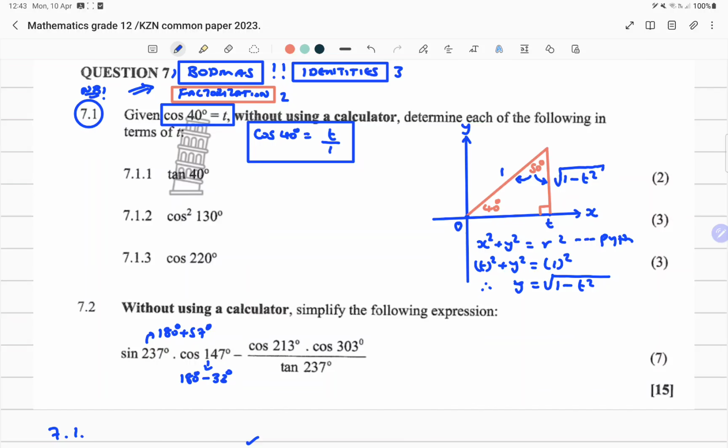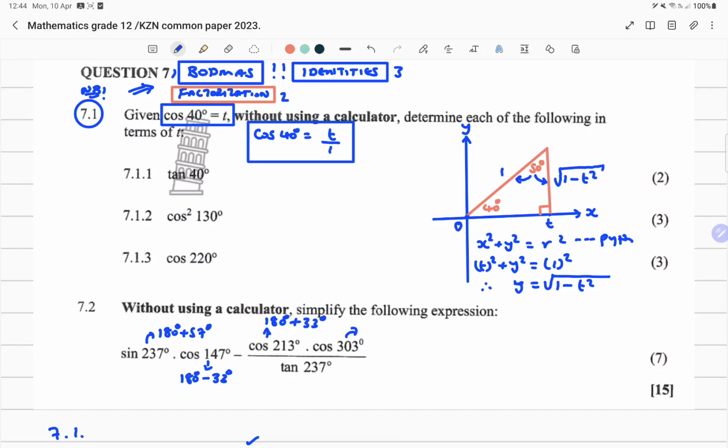213, how is it related to this? Again, it's an angle in the third quadrant. So this is the same as 213 minus 180, which is 33. So this is the same as 180 degrees plus 33. Now, what is 303? This is an angle in the fourth quadrant.